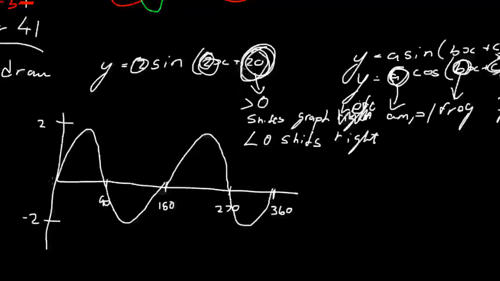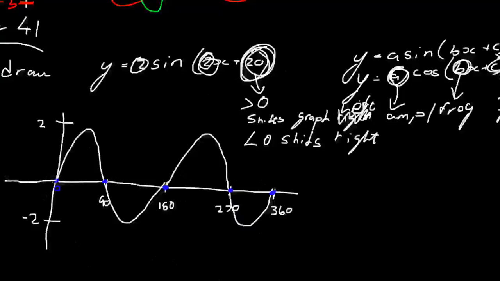So basically what's going to happen? We shift all of our points left by 20 degrees. So instead of this point being at 90 degrees, so let me draw the points that I'm using. These points, that was 0, 90 degrees, 180, 270, 360. So all that's going to happen is these points become shifted to the left by 20 degrees.